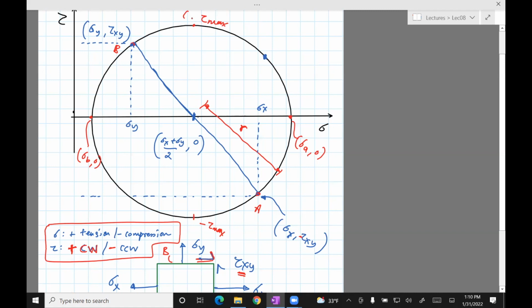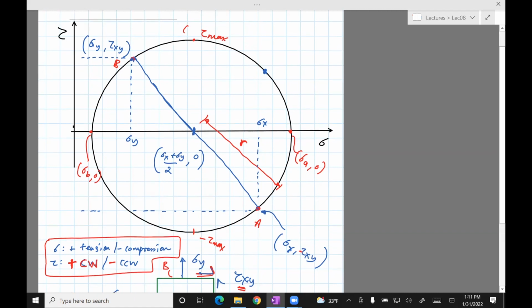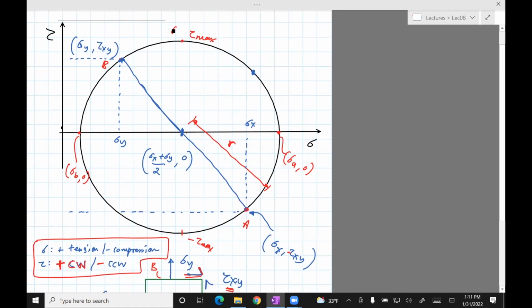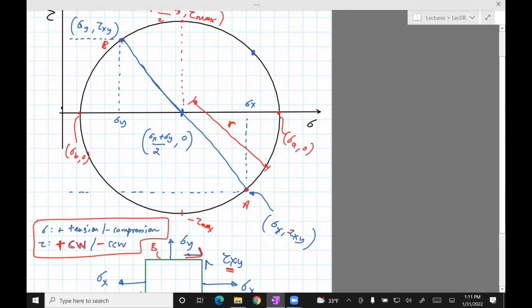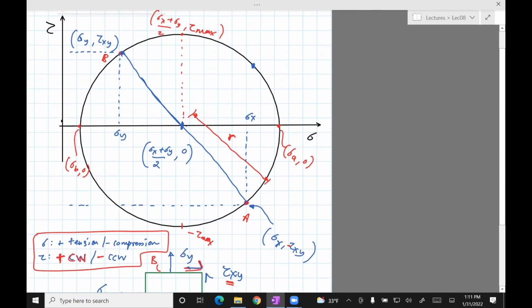What's the x coordinate for that point? The center of the circle, right? So sigma x plus sigma y divided by 2, and then tau max. And that you can see just by visualization. You don't need to do any math. Same for this point.